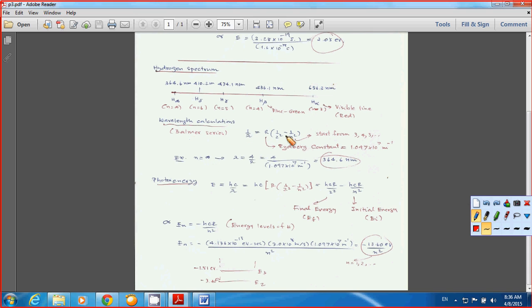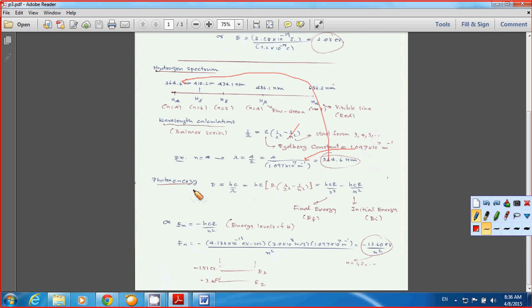So you end up with 4 over R becoming lambda, and you plug in R equal to 1.097 × 10^7. You end up with lambda equal to 364.6 nanometers. That's why you have lambda here at n equal to infinity.